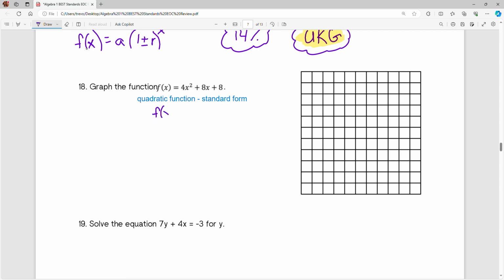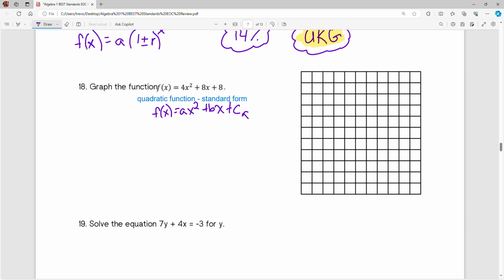f of x equals ax squared plus bx plus c, where this c right here is something important.